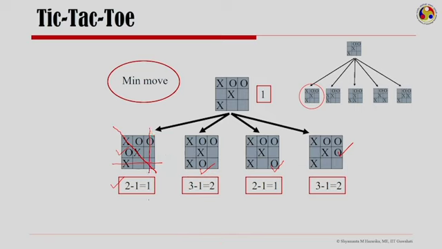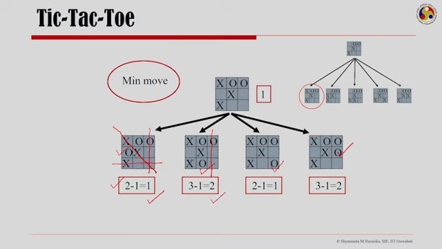So, we have 2 minus 1, 1 as the value of the evaluation function. The number of directions open for Max is 1, 2 and 3. The number of directions open for Min is only this, which is 1, and therefore, the evaluation function is 2.